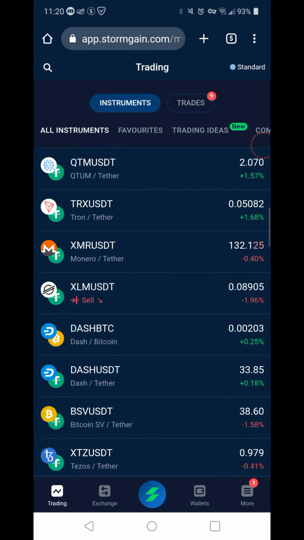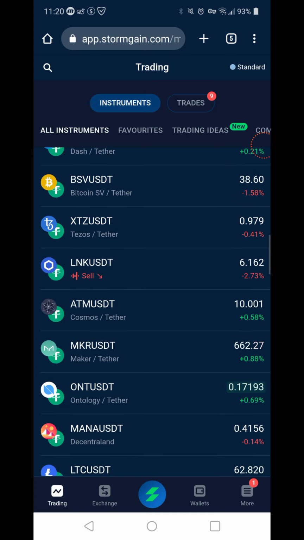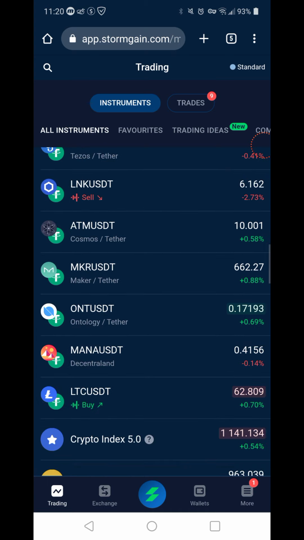And then there are other ones that say buy, and maybe you get in on that quick, make a couple extra bucks, and then just close the trade. Like Litecoin is at a buy at $62, and you could buy that. You could hold it if you wanted to.